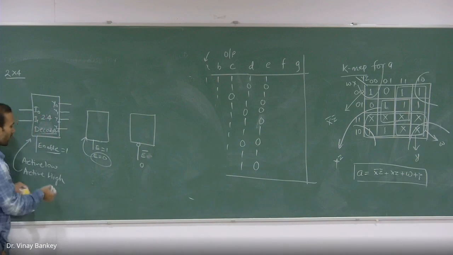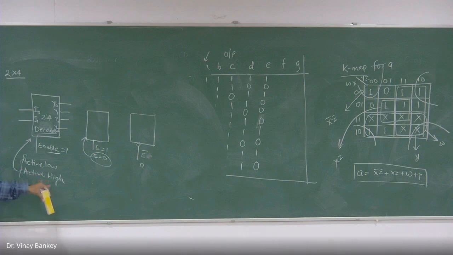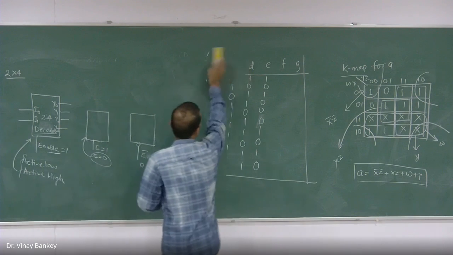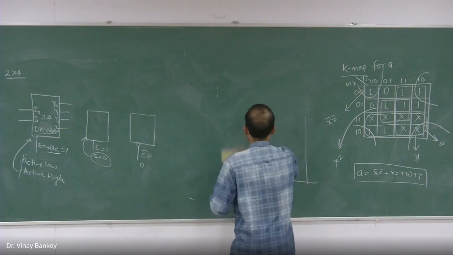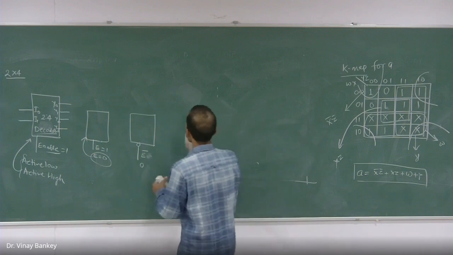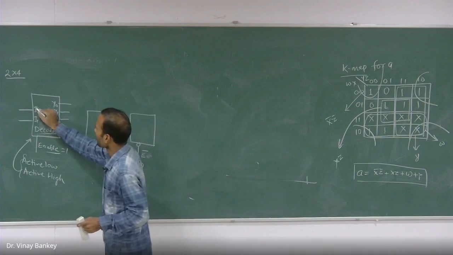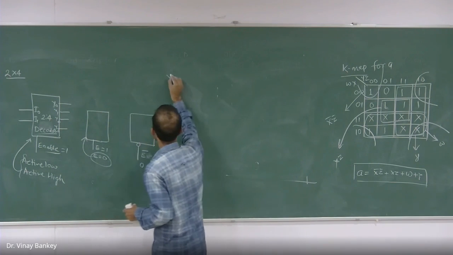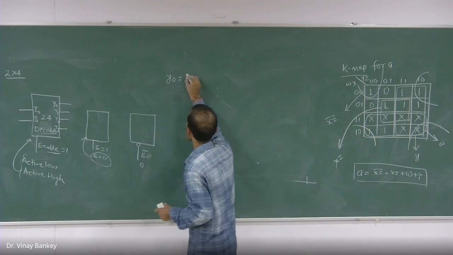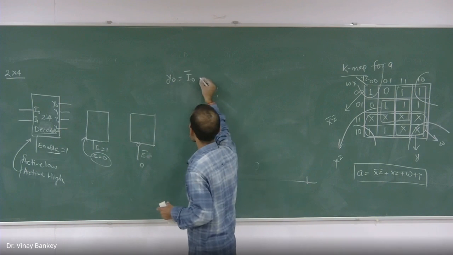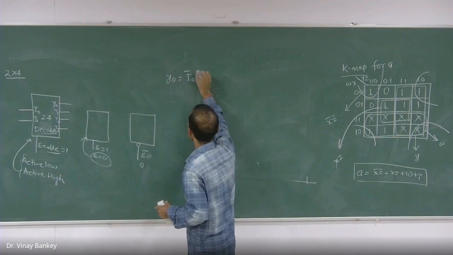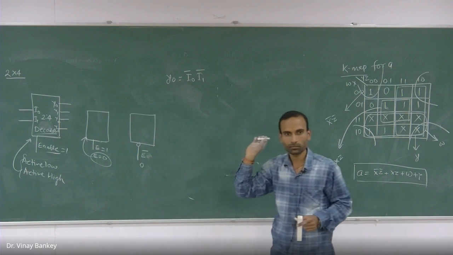So there are 2 types of enable input in every IC, that is active low and active high. Earlier we saw that the truth table for the decoder is like this. We have these 2 inputs and 4 outputs. So Y0 was I0 bar and I1 bar, isn't it?